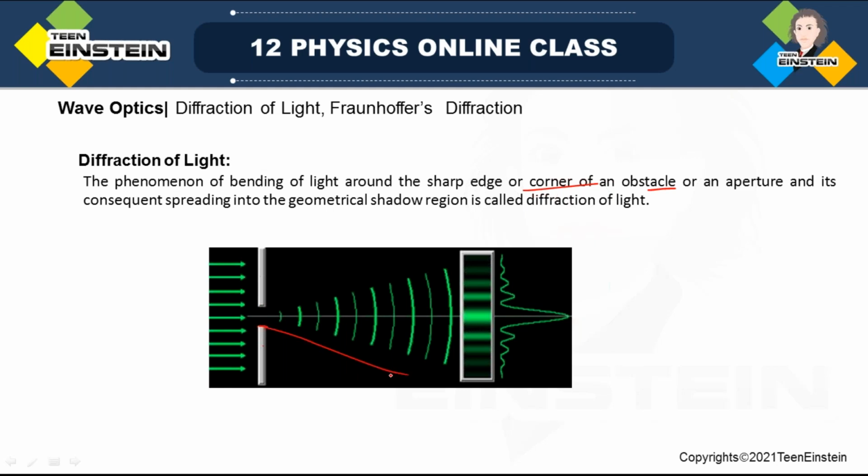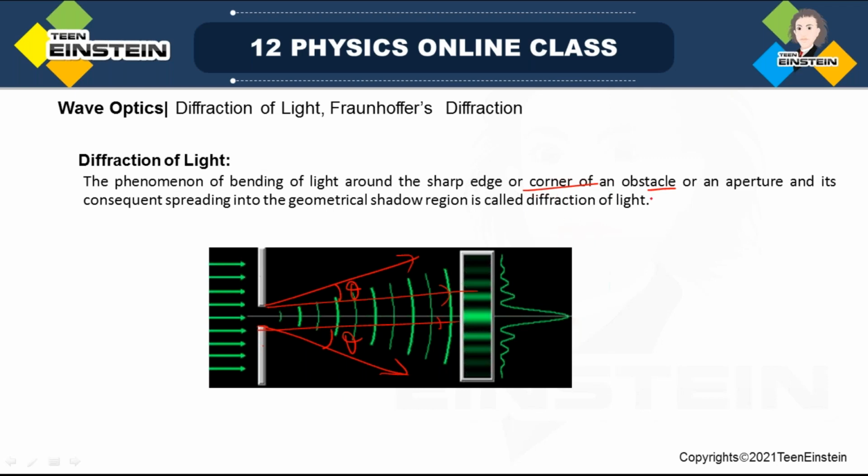Here light gets bent, like this it goes, like this it goes. This is the bending of light. Actually it should go straight like this, but light is getting bent. Obviously it will go this way also, but some light will get into the geometrical shadow region. If you think this is theta, this is the angle.